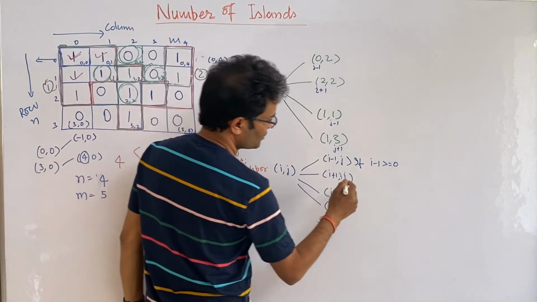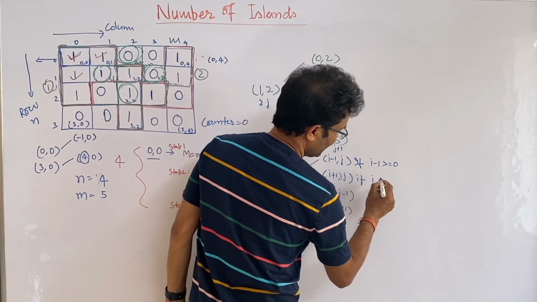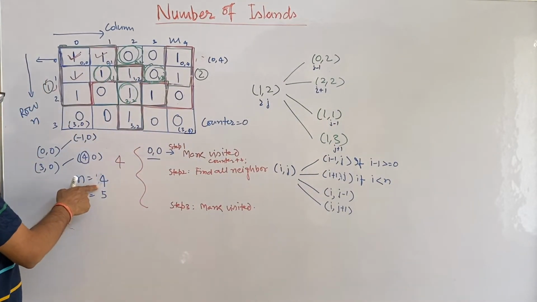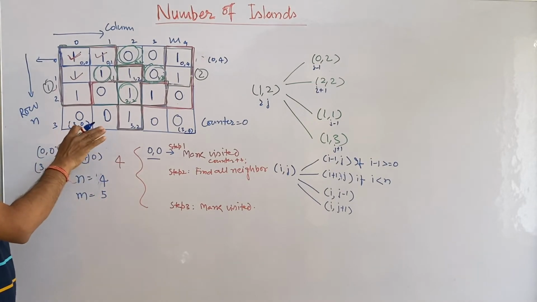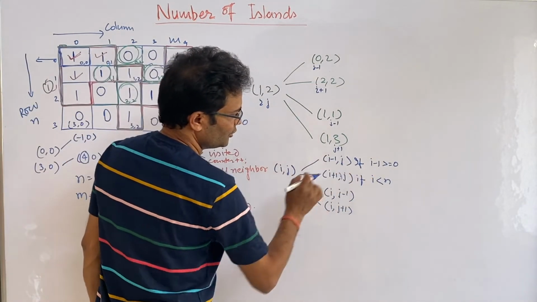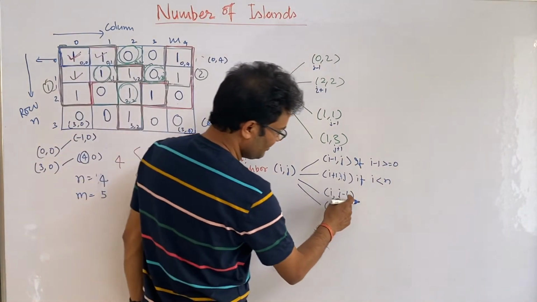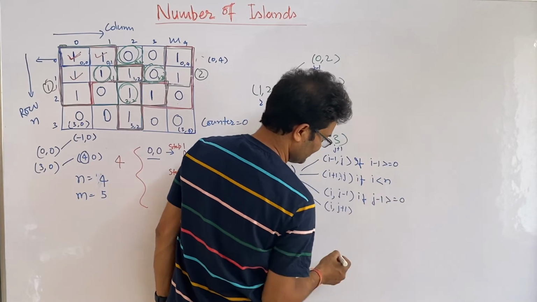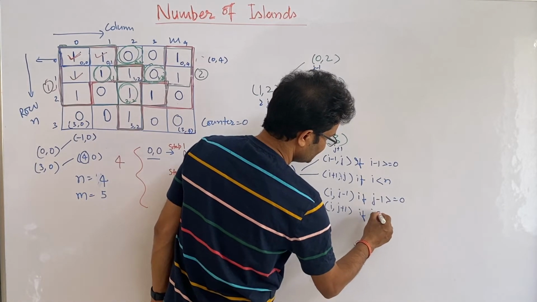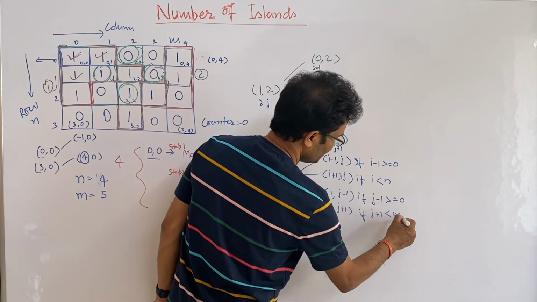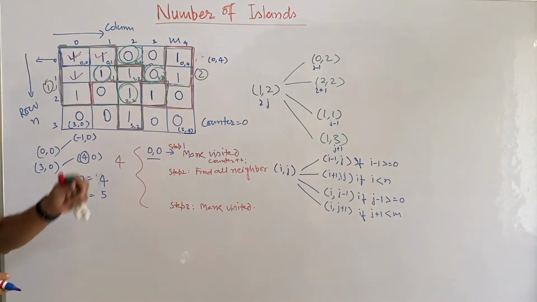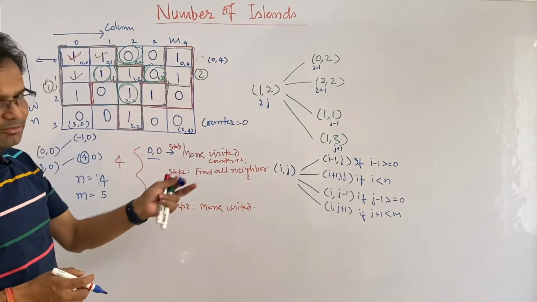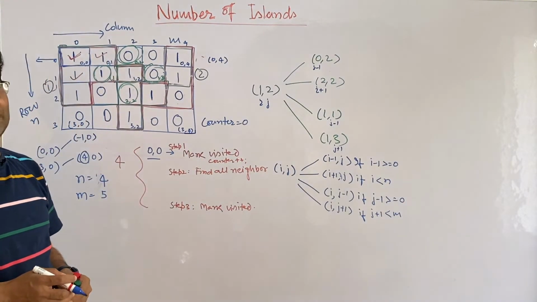We can only do this operation if i is less than n, because n is 4, and all the numbers below n we can take. So when you do this operation, you have to take these conditions. The same thing applies for j also: j minus 1 should be greater than or equal to 0, and j plus 1 should not be more than m. So this is the way we can find the neighbors. Once you find the neighbors, then our problem is solved, and then we can mark them visited.